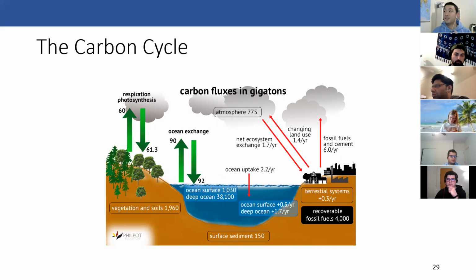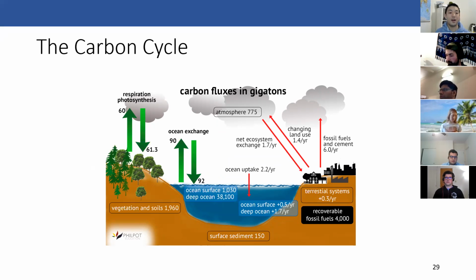So the whole point of the carbon cycle and thinking about climate change is that you actually have a pretty large flux of carbon occurring naturally. From non-anthropogenic sources, you have respiration, photosynthesis, and ocean exchange, and these lead to a net exchange of carbon sinks and carbon releases into the atmosphere every year.